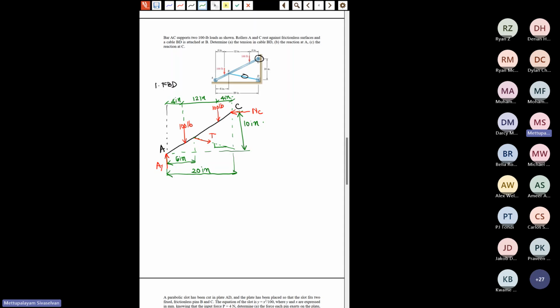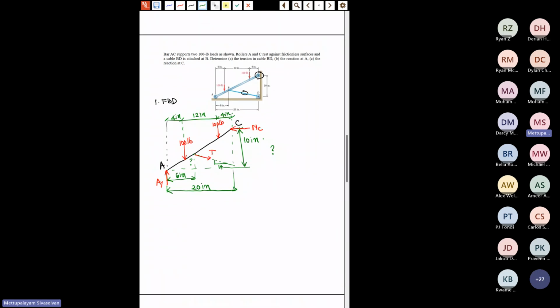So how much is this? This is 14 inches this way, right? And this way, how much is it? How much is the vertical distance here? How do I get that? By using similar triangles. Similar triangles, right? So it's 6 inches divided by 20 inches times 10 inches. So that's 3 inches, right?